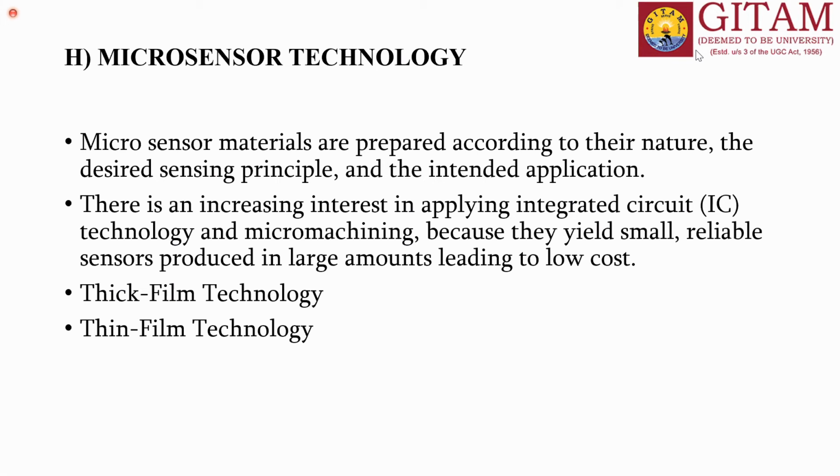Already we are using all these micro sensors in our mobile phones, televisions, laptops, air conditioning systems, and microwaves. So if we design a sensor on an IC or in a small size, that sensor can be called a micro sensor.